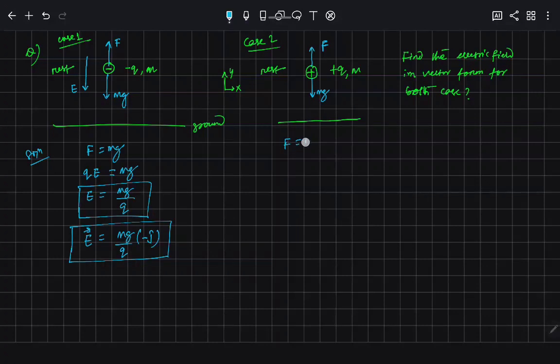So F equal to mg, q into E equal to mg, so E equal to mg by q. Since the charge is positive, the electric field and force are upward, so the electric field will be mg by q plus j cap. Got it? This is clear, right?